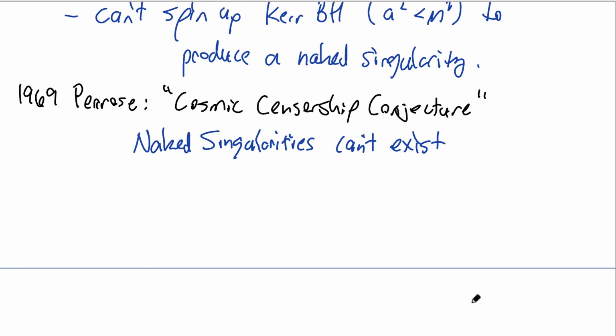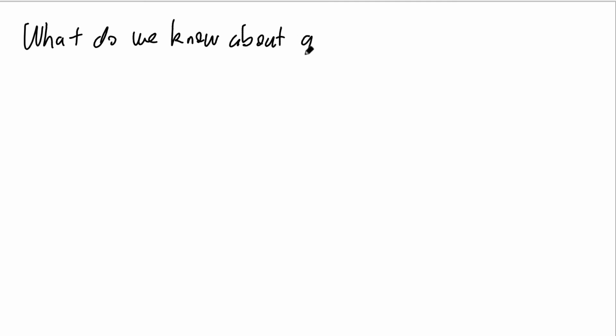So now let me turn to the related question of gravitational collapse and ask the question, what do we know about gravitational collapse in general? So in particular, without making the assumption of spherical symmetry.